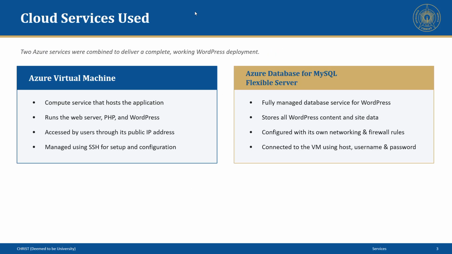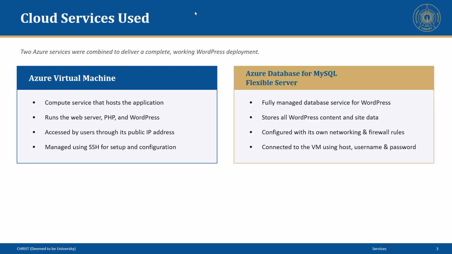For this project, I used two main Azure services. The first, Azure Virtual Machine, acted as the compute layer. I connected to the virtual machine using SSH and installed and configured the required web environment including Apache, PHP, and WordPress.